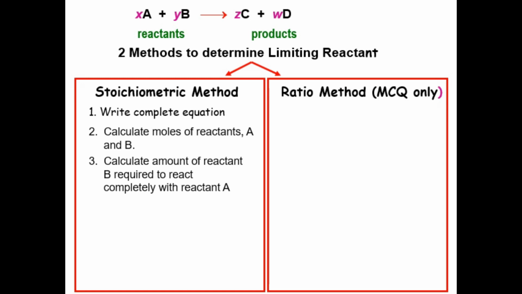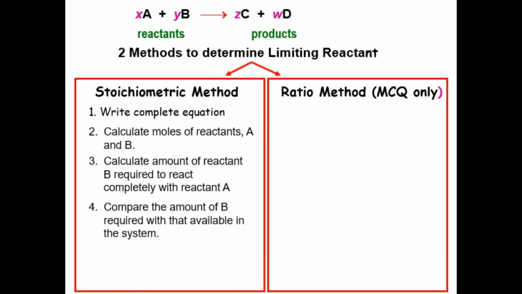Third step, you have to calculate the amount of reactant B required to react completely with reactant A. Next, you have to compare the amount of B required with that available in the system.